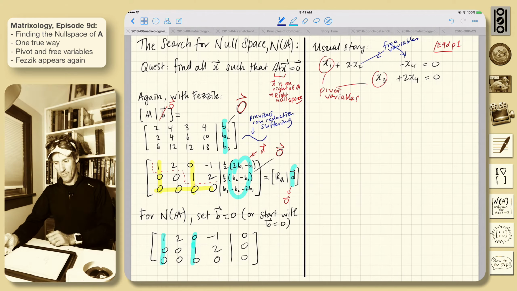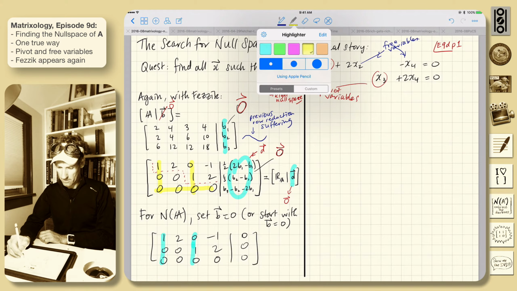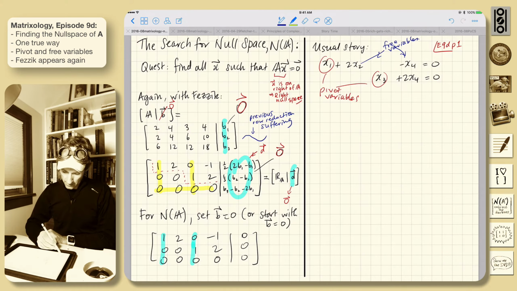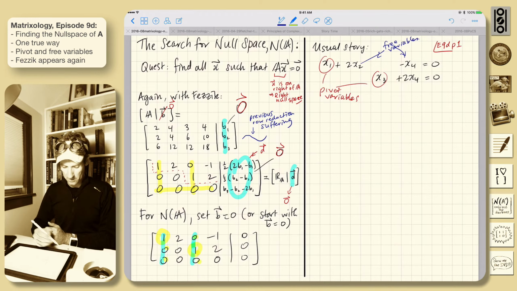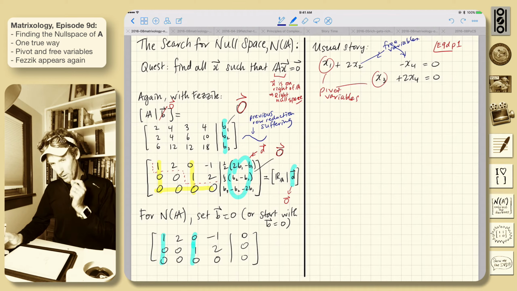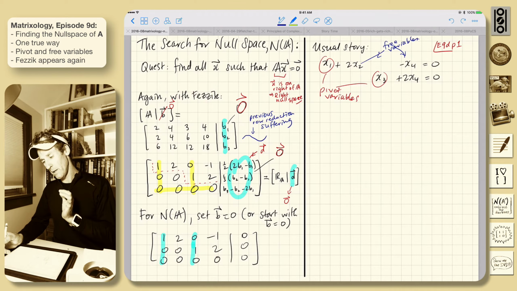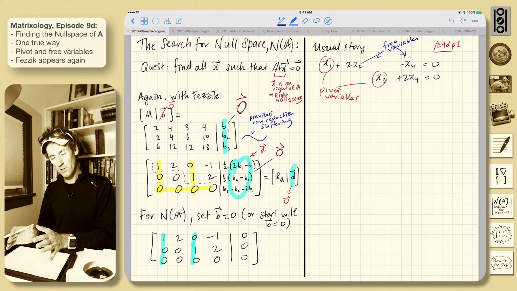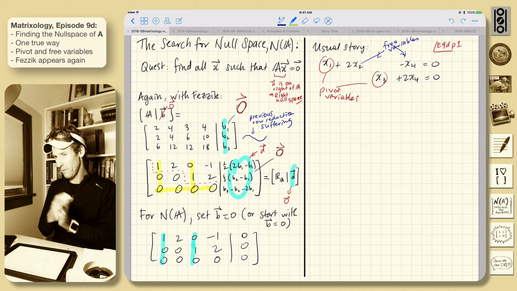Looking back at our reduced row echelon form, the only time x1 and x3 appear is here and here, because they have zeros in the rest of their columns. So they only appear once, so we can immediately express the pivot variables.